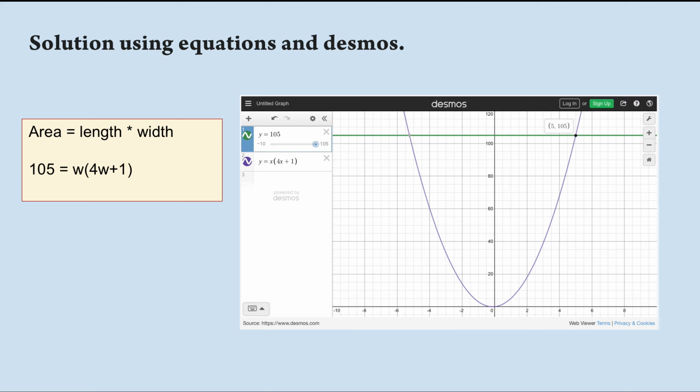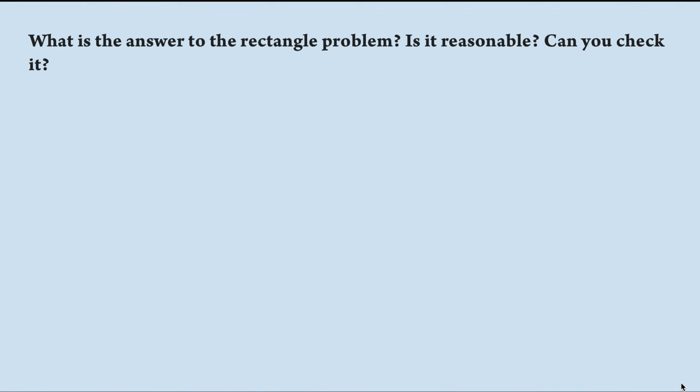The 105 is the left-hand side of the equation that we had in the yellow box. The 105 represents the area of the rectangle. The 5 represents the X coordinate, or the width, and so that's going to be the width of our rectangle.